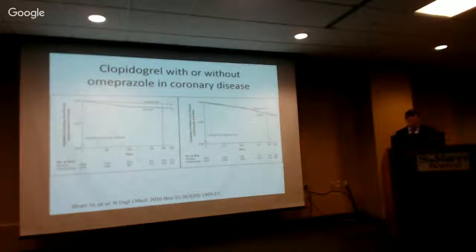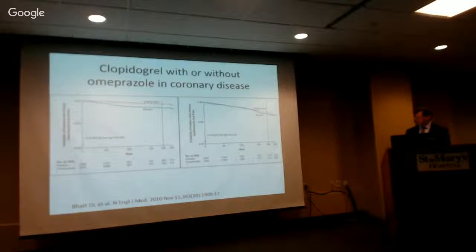And so we're going to bring up one other issue with clopidogrel, which I think comes up in your practices all the time, which is drug interactions. There's a black box warning in the package insert for clopidogrel warning you not to use proton pump inhibitors because they block the liver enzymes that convert clopidogrel to its active drug.